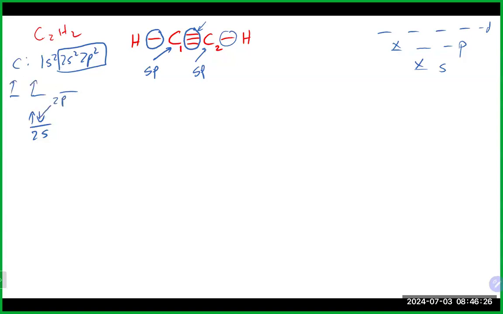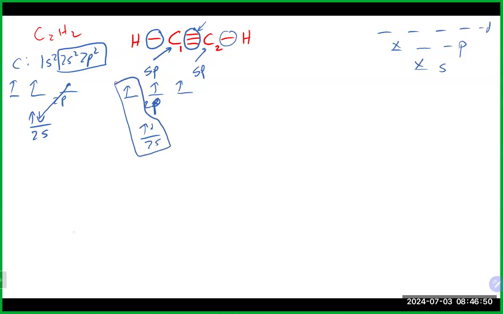We're going to get that promotion of the electron that's going to go upwards. And now we'll put an electron in each of these. And in this particular case, we're going to hybridize only as sp, which means we're just going to take 2 of those.